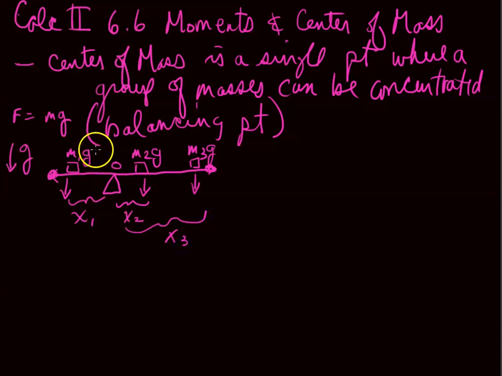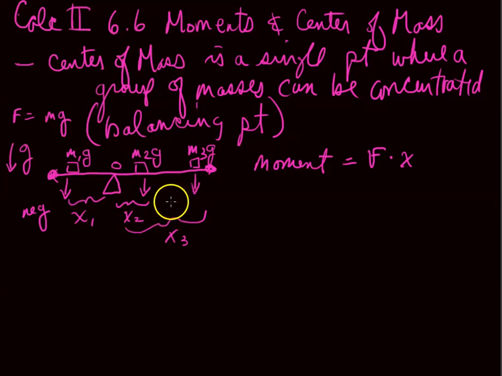And when you multiply these forces times the distance, you get what is called a moment. Force times some distance. This one, m sub 1 g, is down. You multiply by that x sub 1, and this moment is a negative moment, trying to move this counterclockwise.